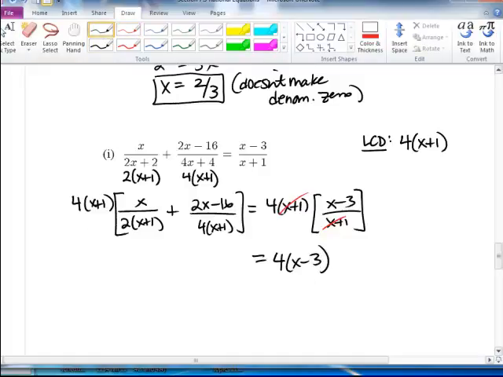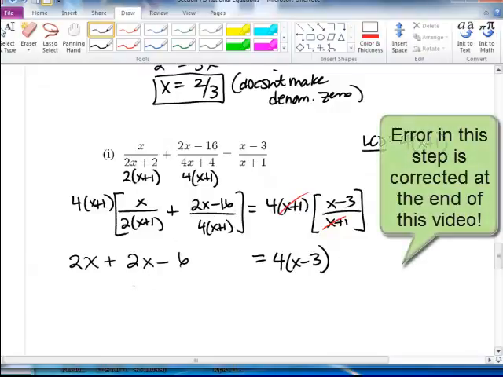And on the left, in the first group, we can reduce the 4 over 2 to make a 2. And the x plus 1s will reduce, and the x will be left. And in the next group, the 4 and the x plus 1 drop out, so we'll just have 2x minus 6. This leaves us 4x minus 6 equals 4x minus 12.